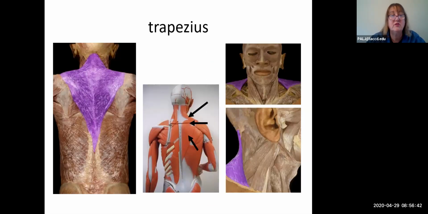Sorry, let me go back, changed muscles accidentally. And all the muscle fibers will be inserting, if you look at the far right, onto the acromion as well as the spine of the scapula.